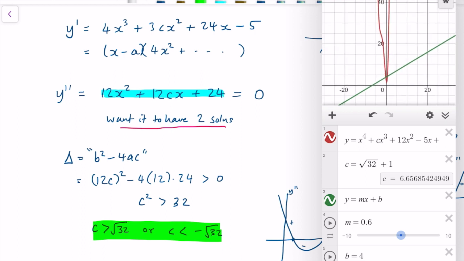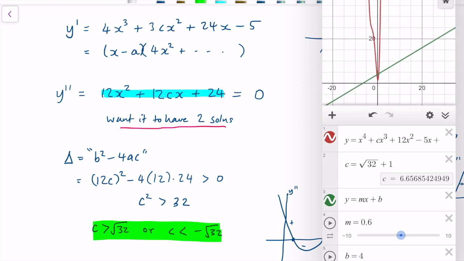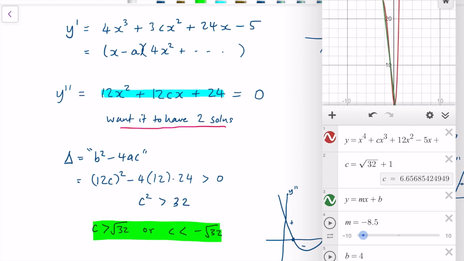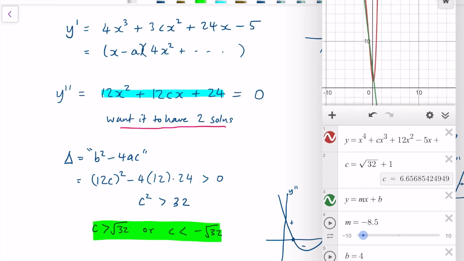Oh, that's enough. That's enough for there to be two inflection points, because I can just turn the line around and boom, we're cutting it at 4 different positions. Okay, so that seems to be working, and then we could also try the negative c values to test.